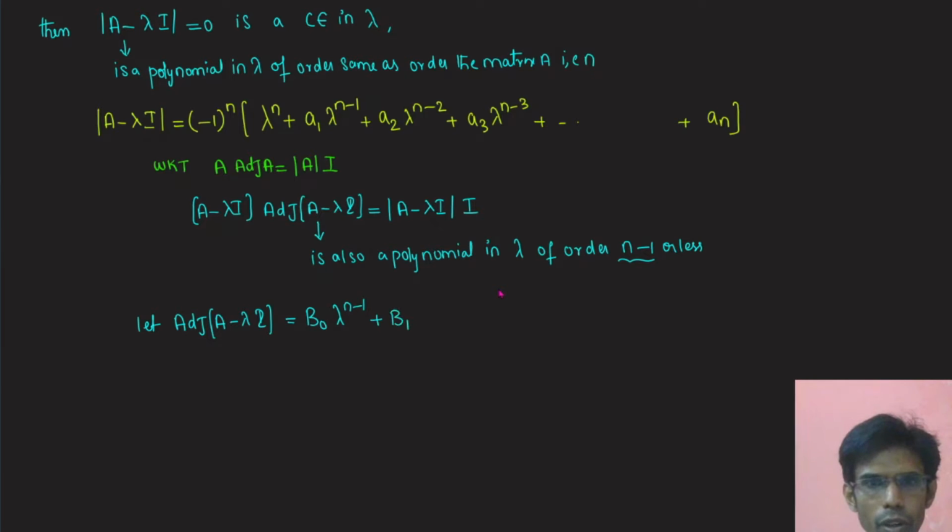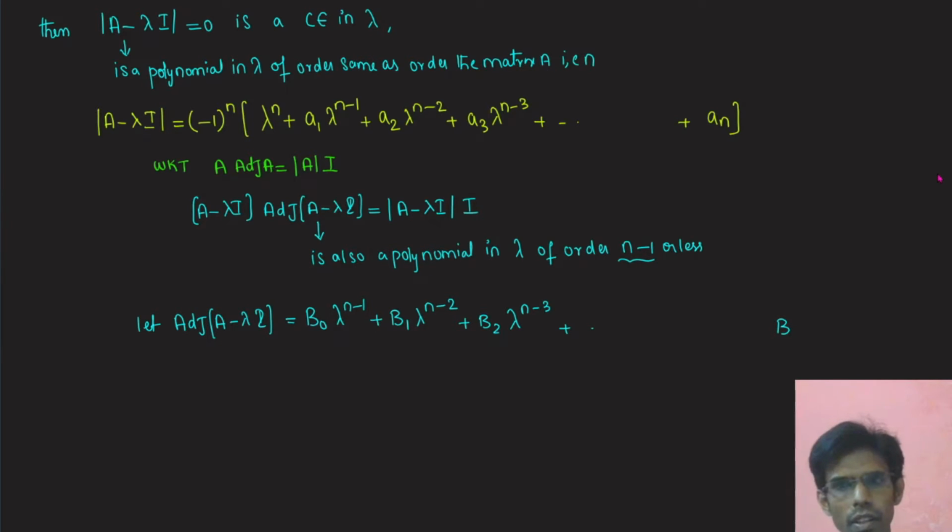Next term will be b1 lambda power n minus 2, plus b2 lambda power n minus 3 and so on up to b n minus 1, not bn, because order is n minus 1.